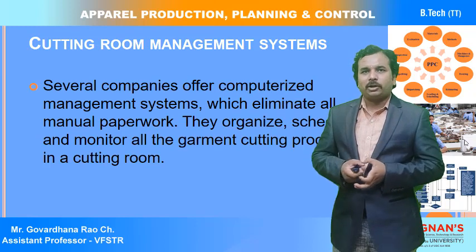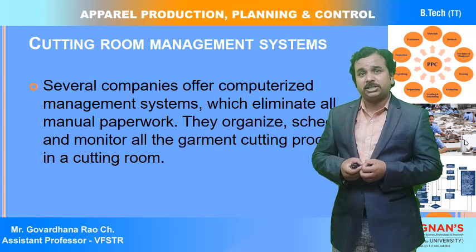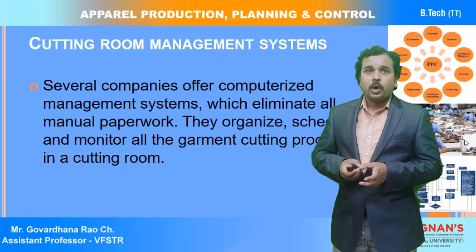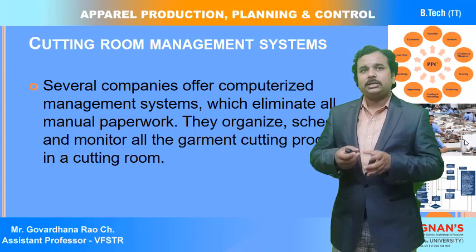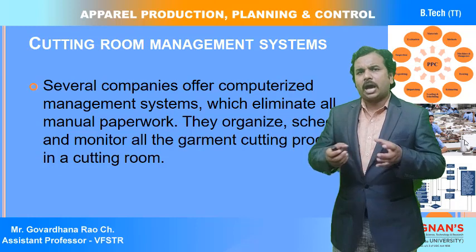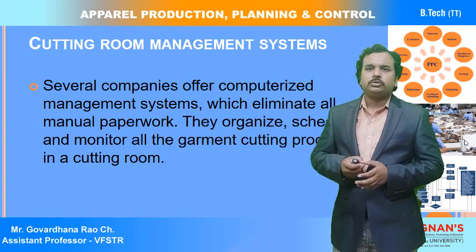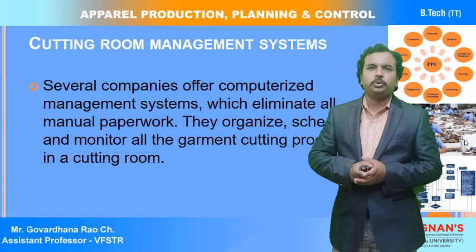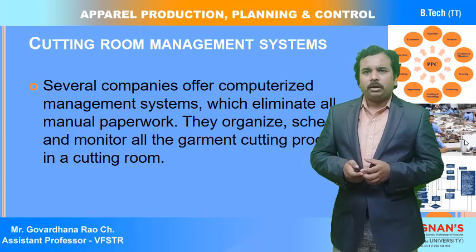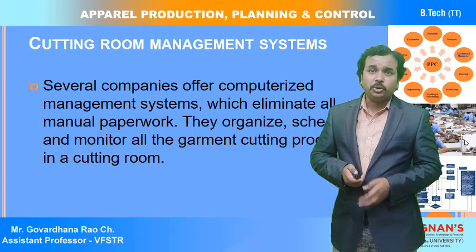So several companies offer computerized management systems which eliminate all manual paperwork. They organize, schedule and monitor all the garment cutting processes in the cutting room. Okay. So simply, it is one system we are using to control all the activities of a cutting room.